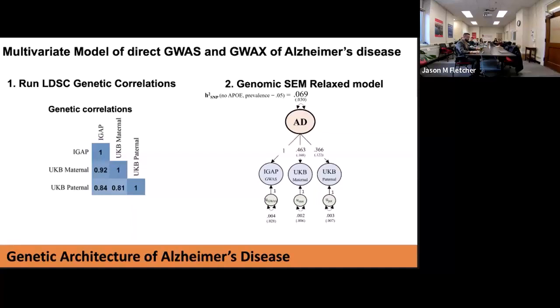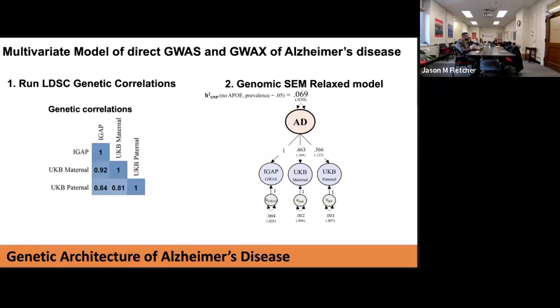Okay, so what we found that was interesting is that the unstandardized loading for paternal history of disease reflected approximately 27% attenuation from the expectations under the simple GWAS model. So we would expect it to be 0.5, but it's 0.37. So this means that there's further attenuation.